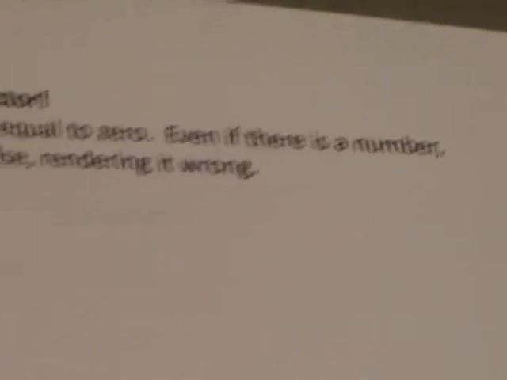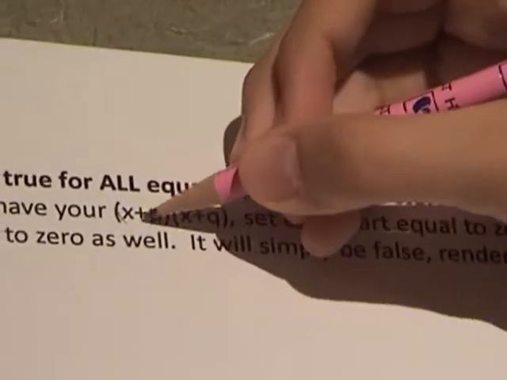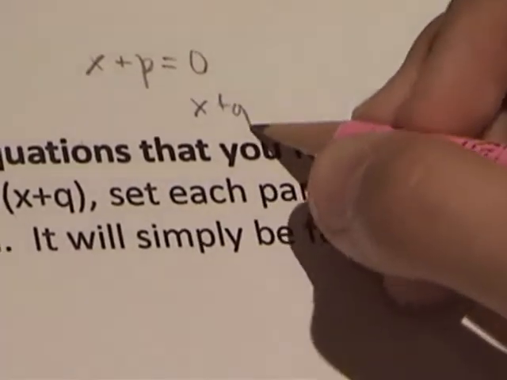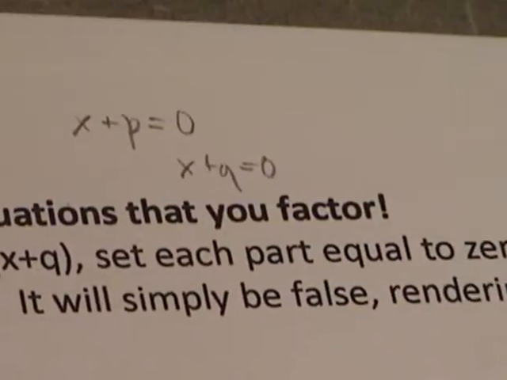Once you have them in x plus p, x plus q form, you do this for all of the equations that you have. When you have this, take each parenthetical group and set each parenthetical group equal to 0. So x plus p equals 0 and x plus q equals 0.